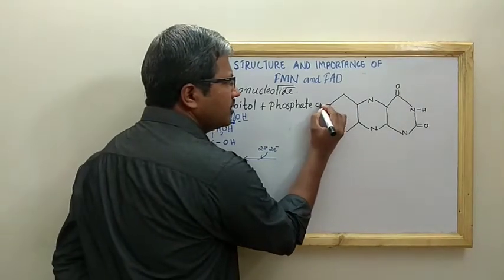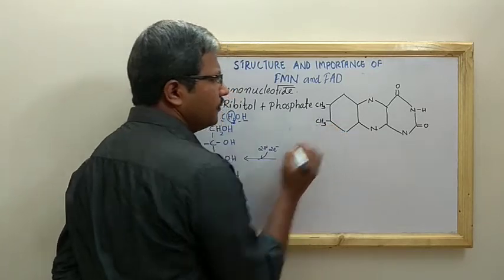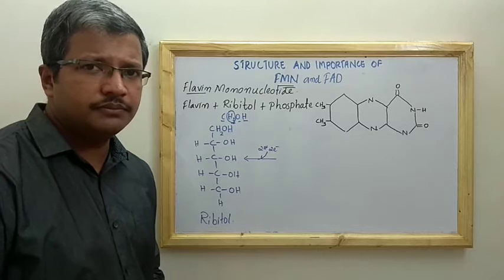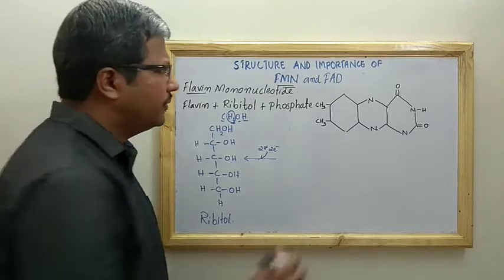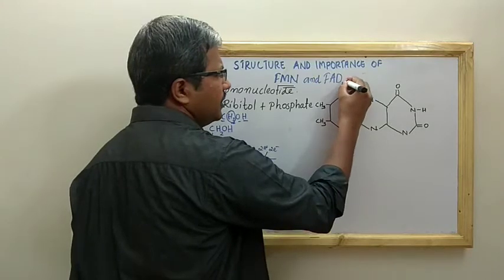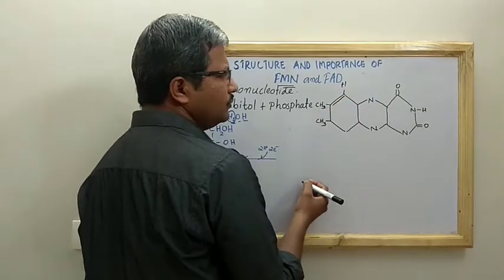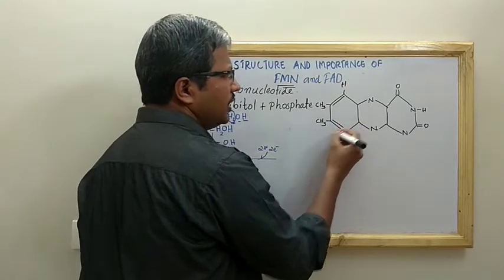Here, one CH3 will be there, and here, one CH3 will be there. The remaining entire portion will be filled with the hydrogen, and you can just make the double bond. So, this region will have a hydrogen. So, we need a double bond here. Okay. Now, this particular portion also we need a double bond.